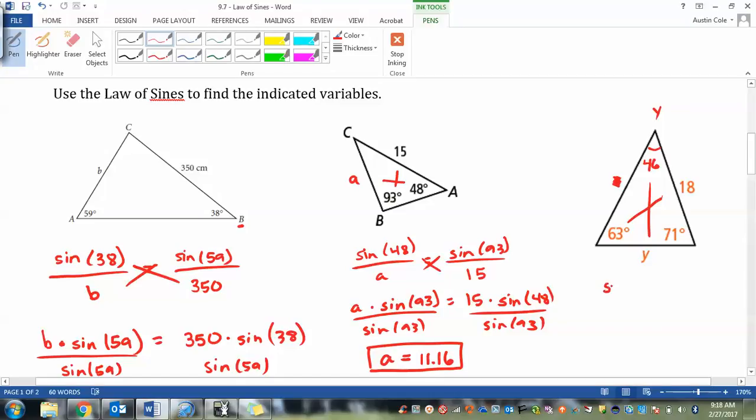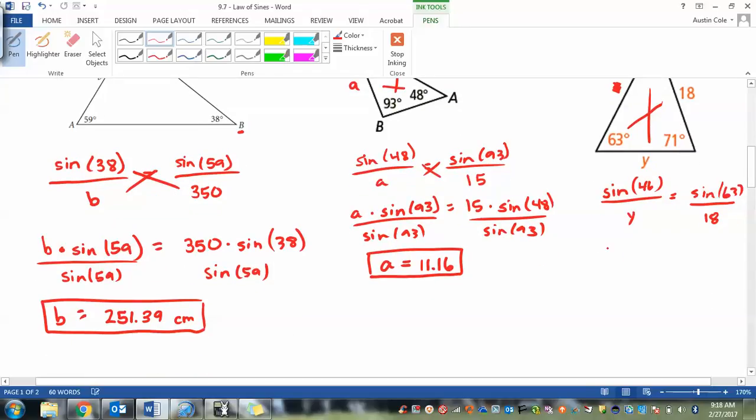So sine of 46 over y equals sine of 63 over 18. So y times the sine of 63 equals 18 times the sine of 46. Divide both sides by the sine of 63.